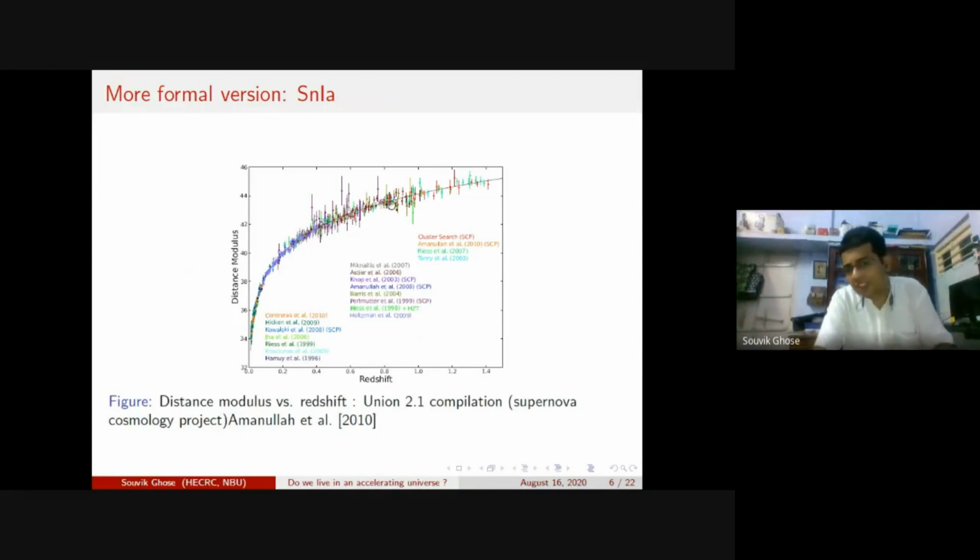So this suggests, this is the primary suggestion we have, that we live in an accelerating universe. And this is a fit for the lambda CDM model, actually. That model considers that we live in a universe with a small, very small indeed, cosmological constant, as a result of which the universe is accelerating, and the fit is reasonably good as we can see by eye, but there is more to it. I'll come back to it later.